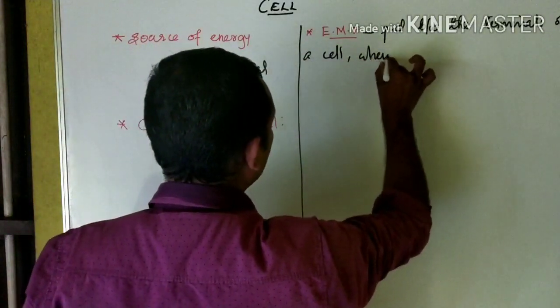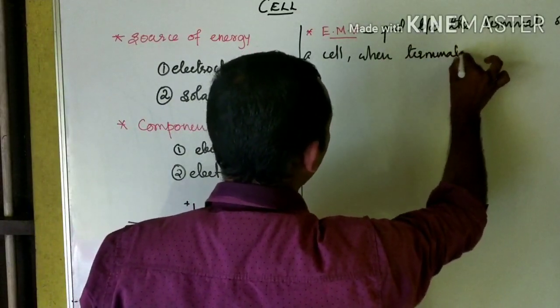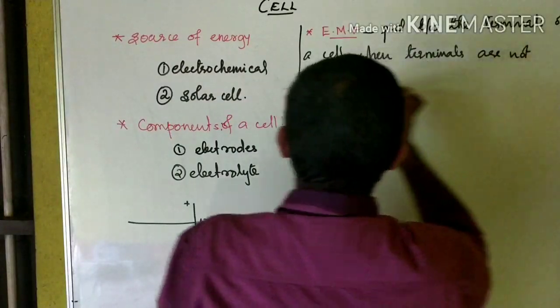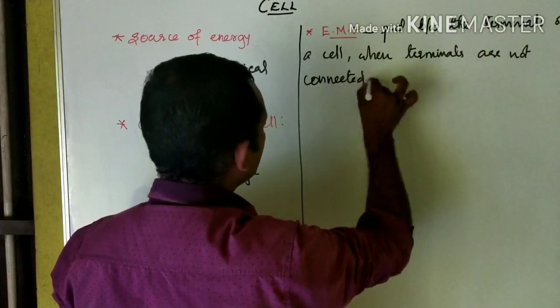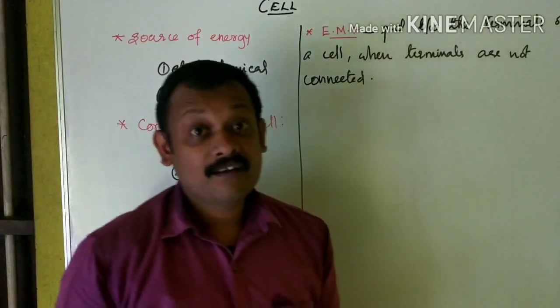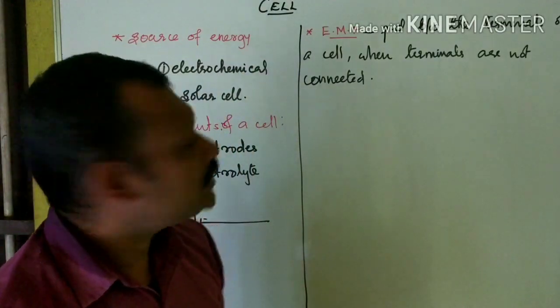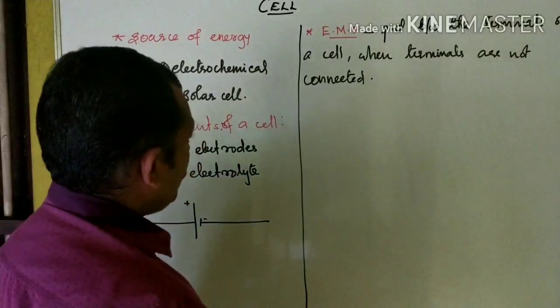It is the potential difference between the terminals of a cell when the terminals are not connected. This is the definition of EMF of a cell. Let us understand this.